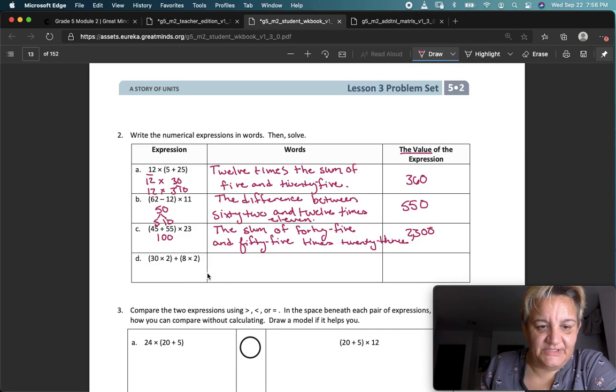Last one for number 2. Okay, so we could call that 30 times 2, or we could just say 30. No, let's go with the sum first. The sum of 30 doubled, right? Doubled means times 2. And 8, which is also doubled, times 2.